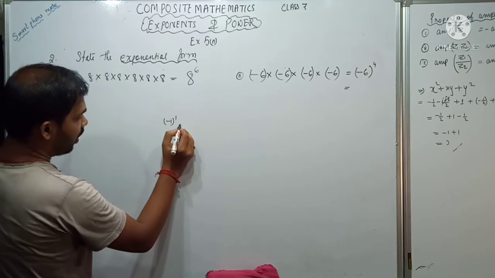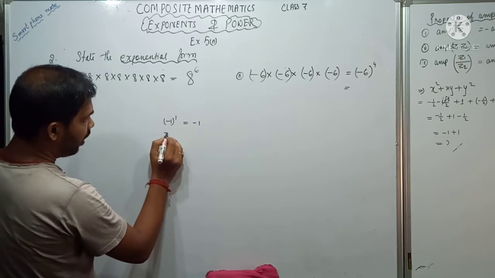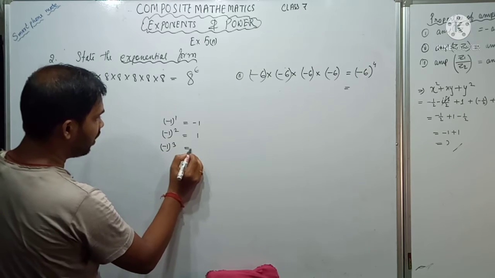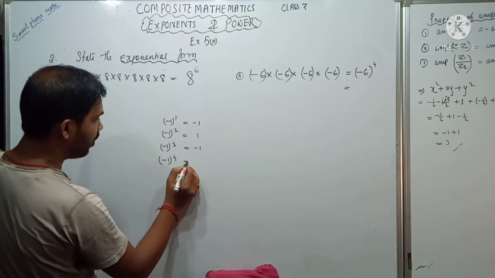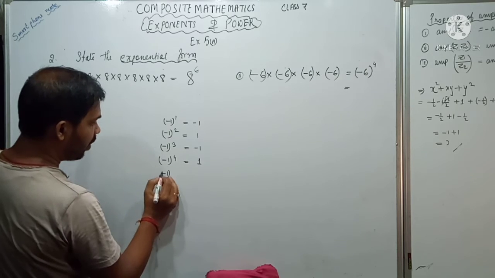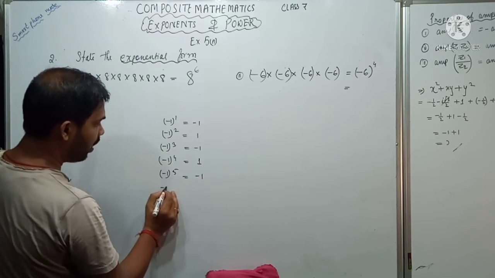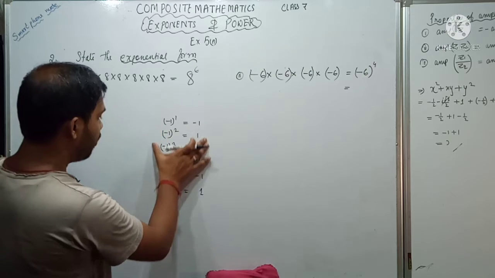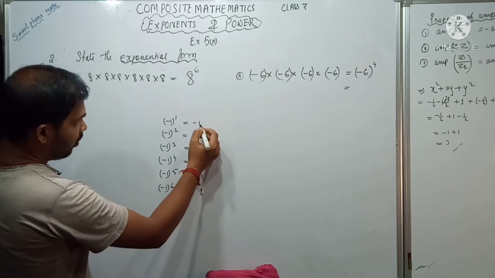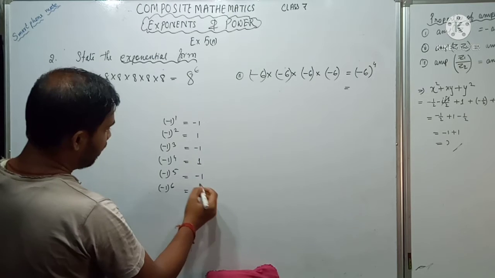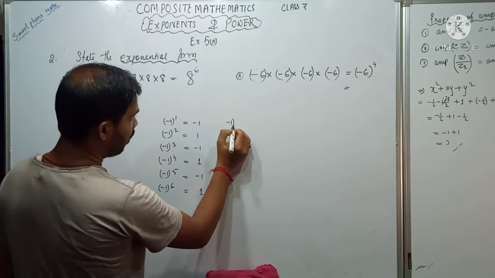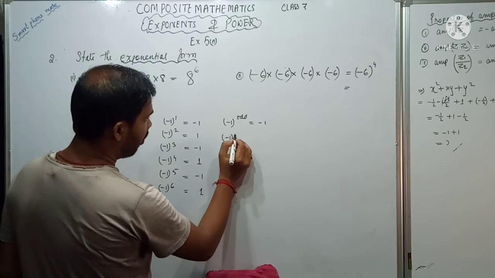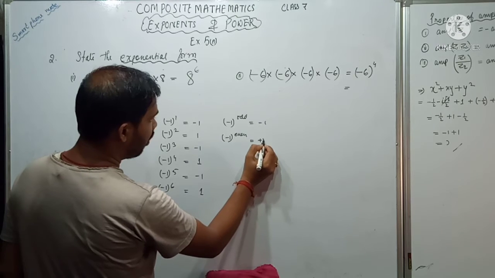Any number that is multiplied 1 time is negative, any number multiplied 2 times is positive, 3 times is negative, 4 times is positive, 5 times is negative, 6 times is positive. From this pattern, can you get an idea of what is going on? When we multiply minus 1 an odd number of times, the answer will be minus 1, and when the power is even, then it will be positive.